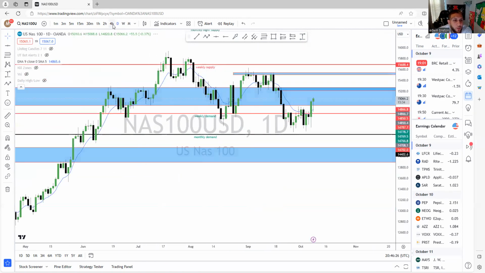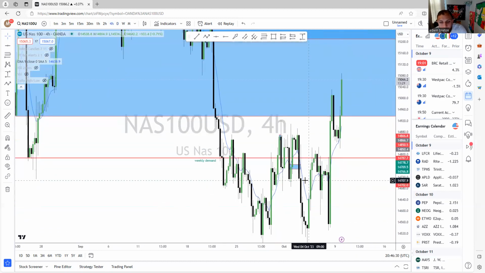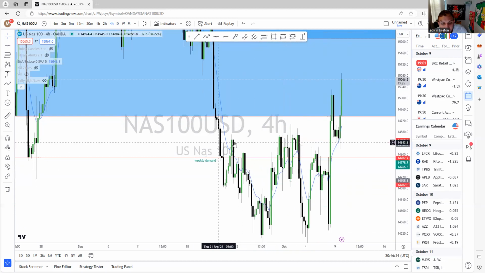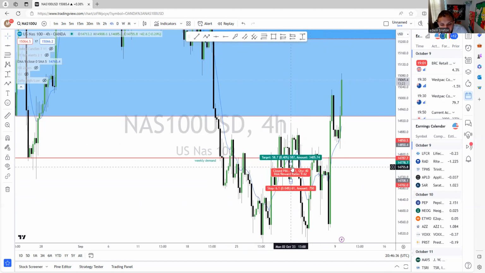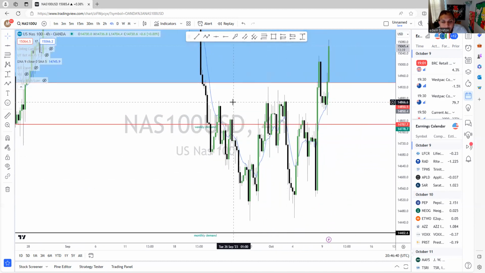Let's go down to our 4 hours. Trying to keep this short and simple and mark out our 4-hour levels. Let's go ahead and delete all these trades from this week. Cool. Gonna definitely mark out this level here. It's gonna be a 4-hour.